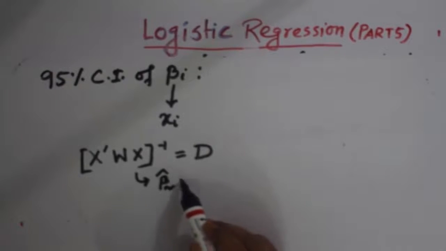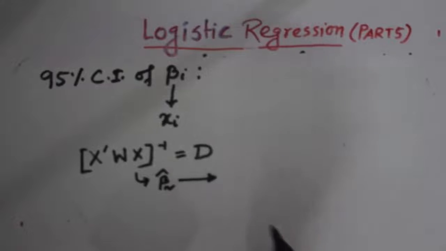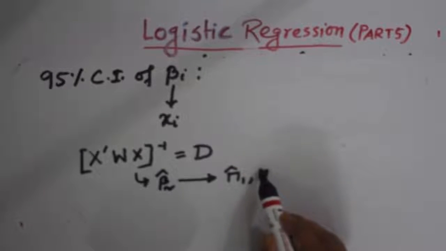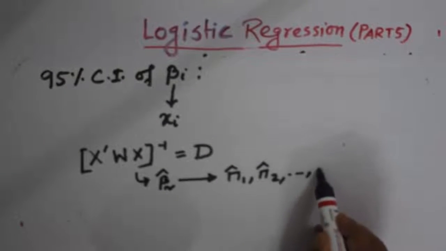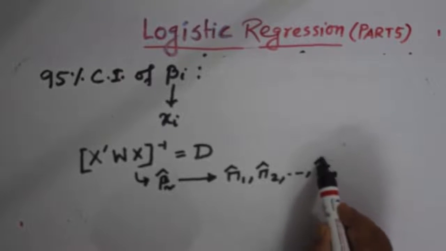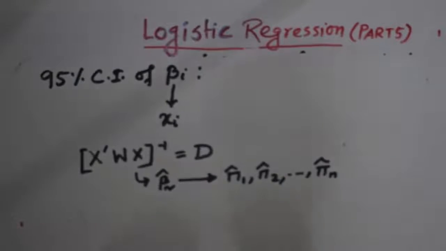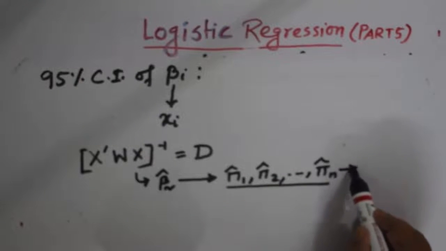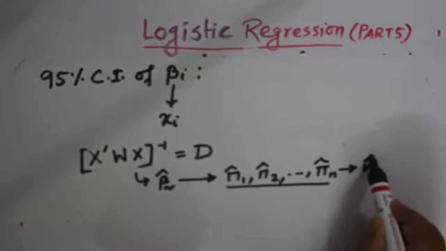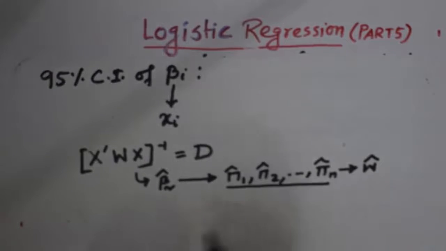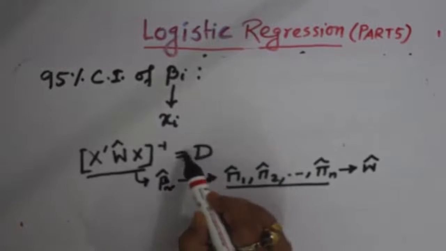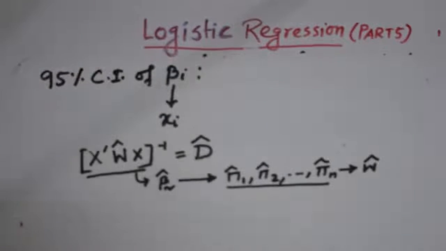Using beta hat curl you estimate pi 1 hat, pi 2 hat, ..., pi n hat. Now using this you compute W hat, and using this W hat you compute this portion and you denote this by D hat.